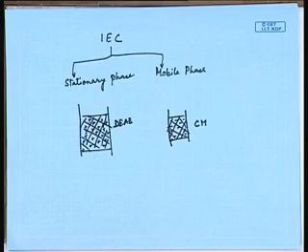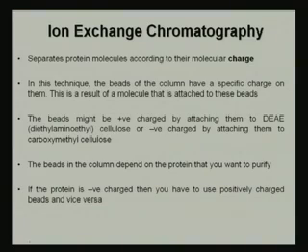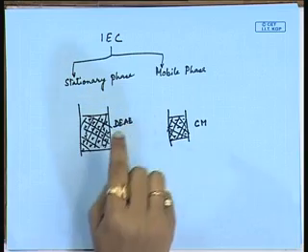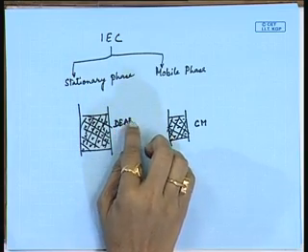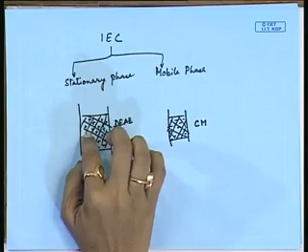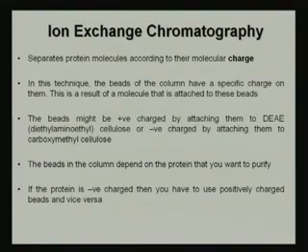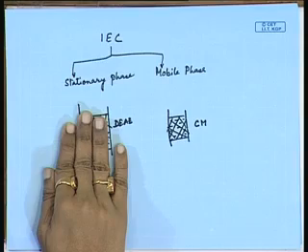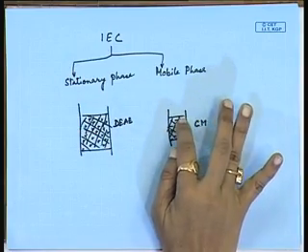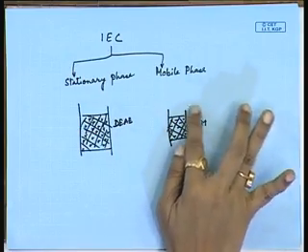That means the negative COOH group is present, and DEAE has an amino group, that means NH2 is there in this particular group, which is the reason why it is positively charged, and here the carboxyl group is the reason why it is a negatively charged group.